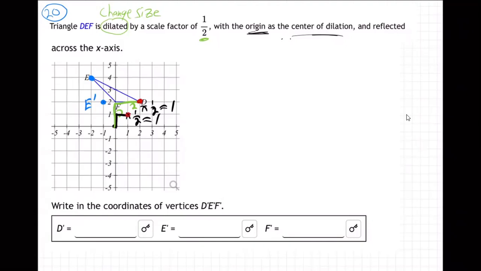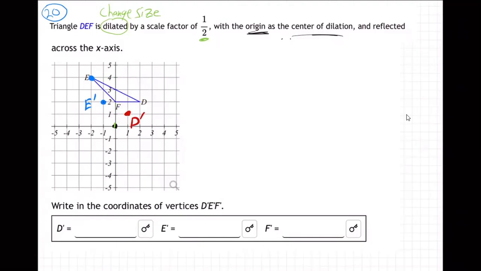There's the D, there's the new D prime. See how the old one was 2, 2? Multiply both those by a half, so the new one's 1, 1. Let me get rid of this stuff. I'll put D prime back where we found him, right there, D prime, 1, 1.